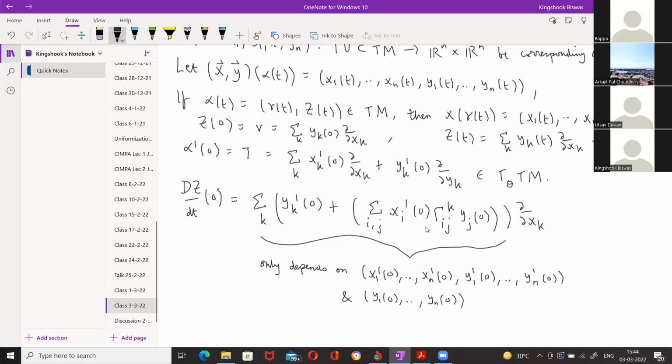And these x1 prime 0 to xn prime 0, y1 prime 0 to yn prime 0 are just the coefficients of xi with respect to the basis del del xk, del del yk of T_theta Tm. And y1 0 to yn 0 are the coefficients of the vector v in TPM with respect to the basis del del xk. So therefore, this only depends on your theta and xi, right?